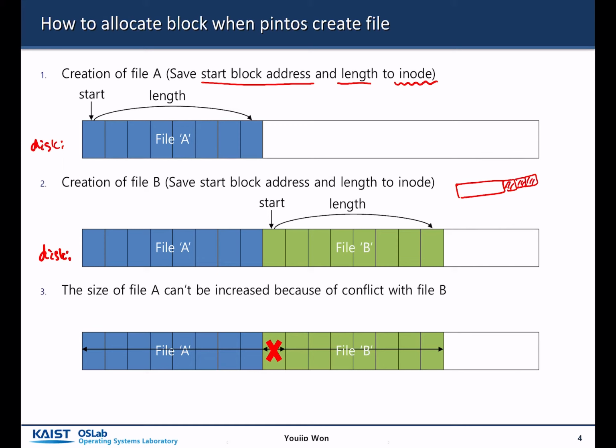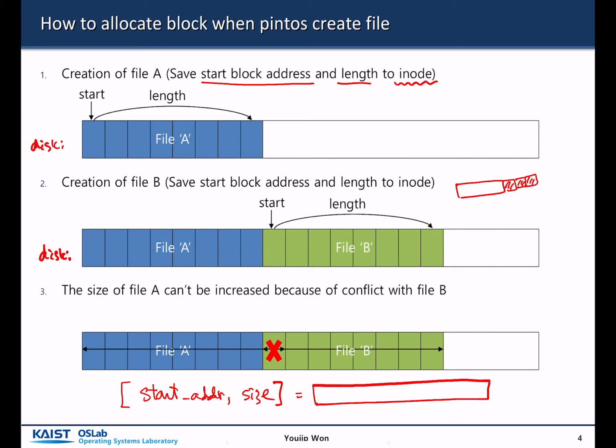But in the Pintos file system, we cannot do that in the current structure because a file is represented by the start address and the size. This means that all the blocks associated with the file should be placed in a consecutive region on the disk.